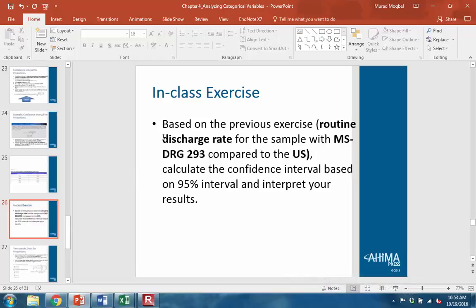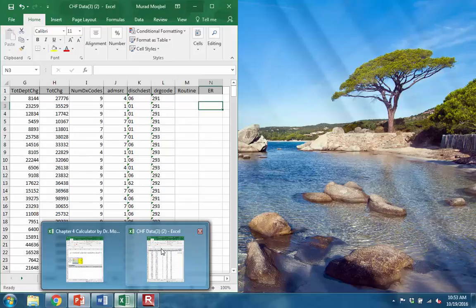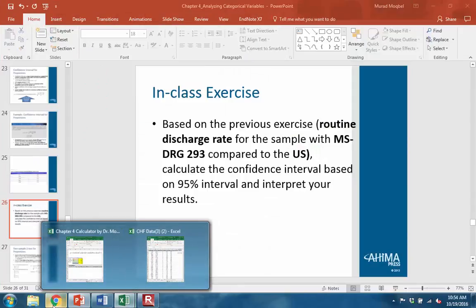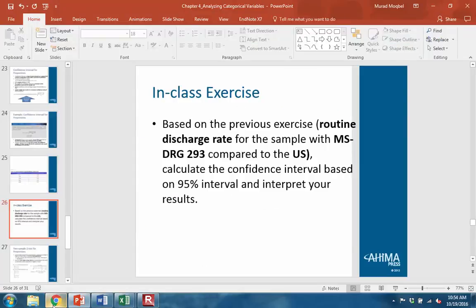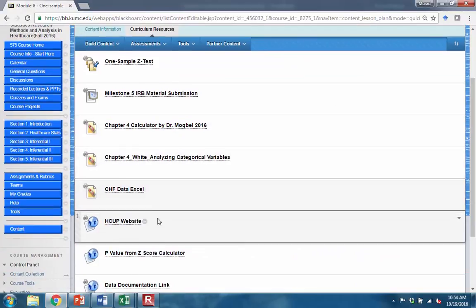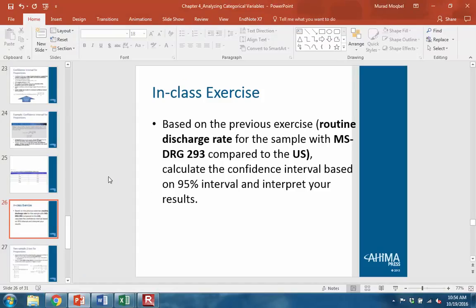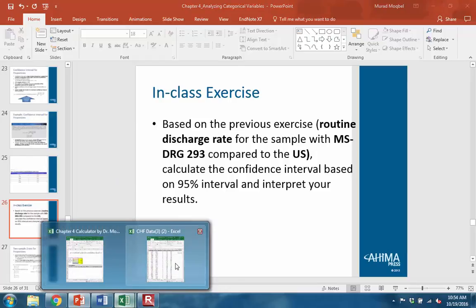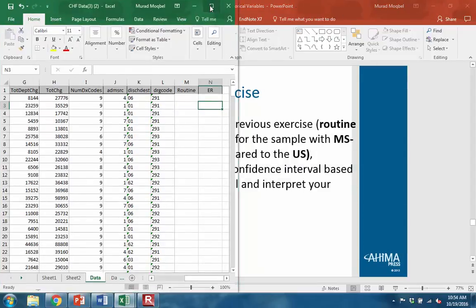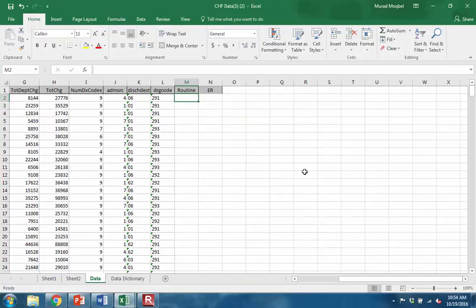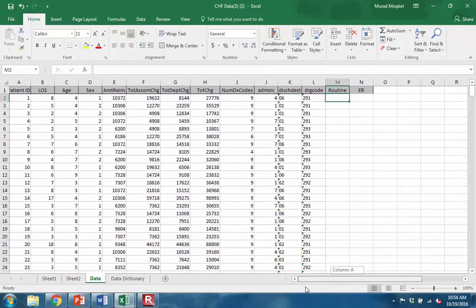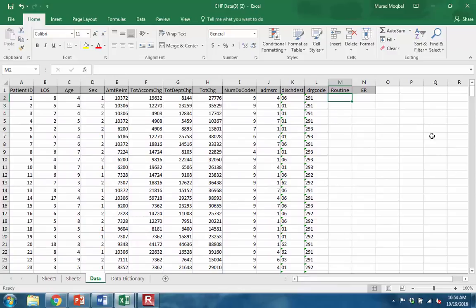So for that, first we will go back and actually go to the Excel file that was given to us, which is the CHF data, congestive heart failure data set, and it's already open for me here. Now what I will need to do, like what we did in a previous lecture, is create a variable.